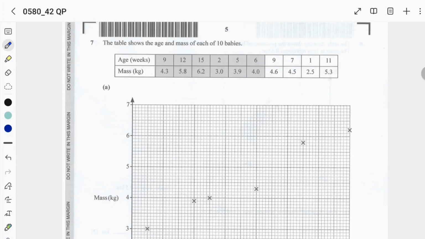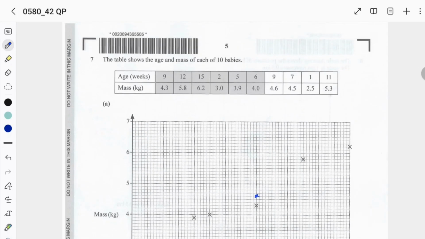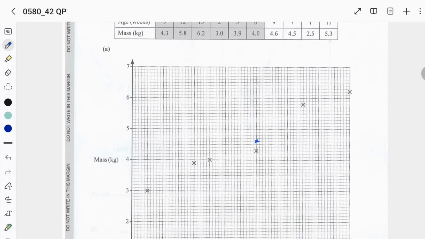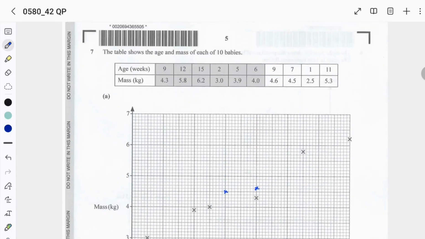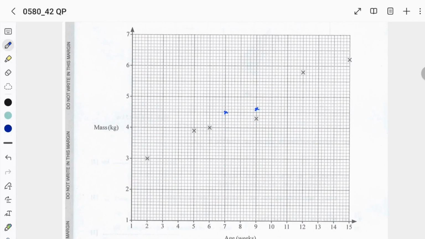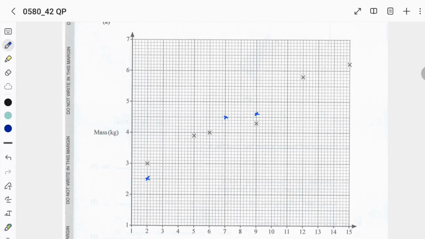So for this question, the first one is 9 and 4.6. Then you will have 7 and 4.5. The next one is 1 and 2.5, and the last one is 11 and 5.3.